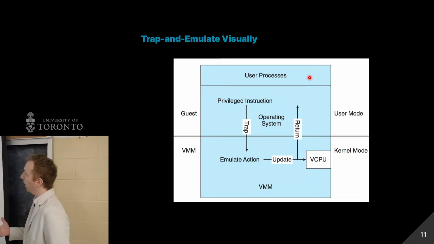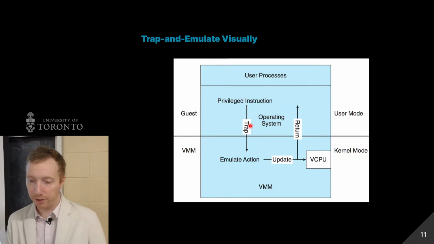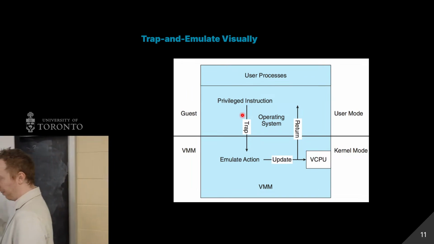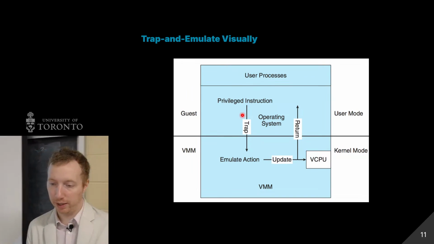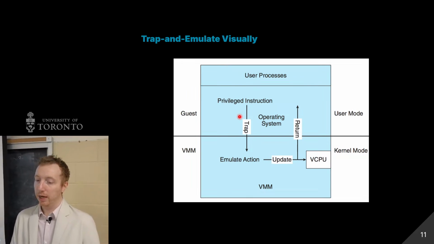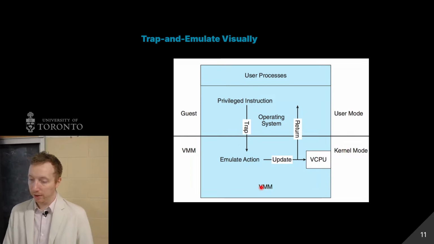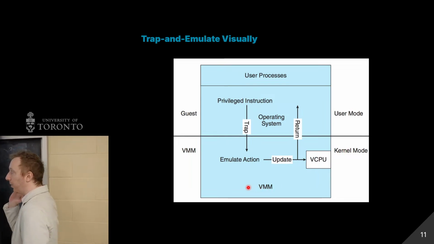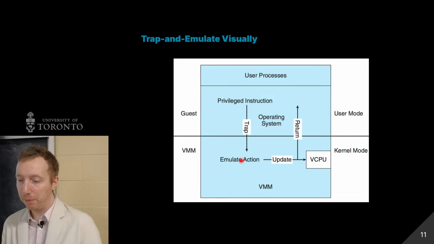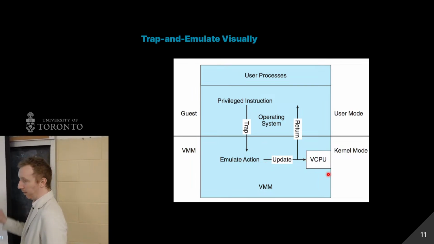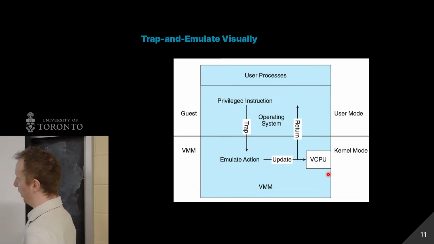So how it has to work is if it tries to execute a privileged instruction, so it tries to execute some kernel mode only instruction, it will generate a trap, and then when that trap gets generated, the software hypervisor needs to catch it, emulate what's supposed to happen, and update that virtual CPU that will have to model the actual CPU that it's running on.